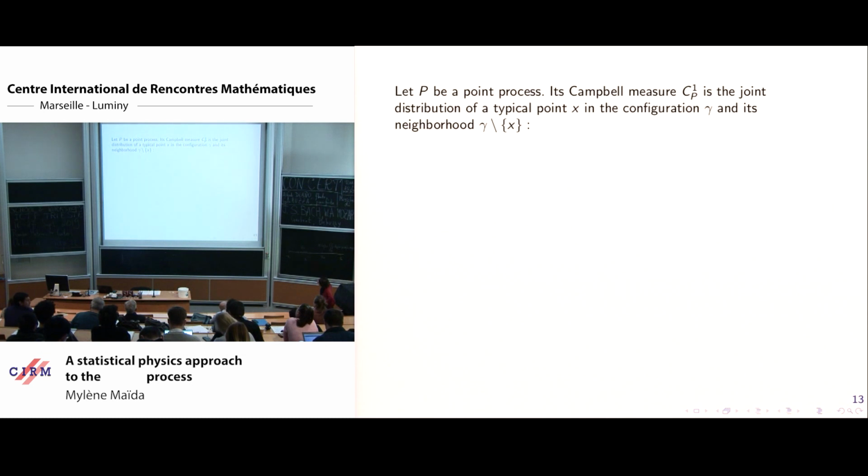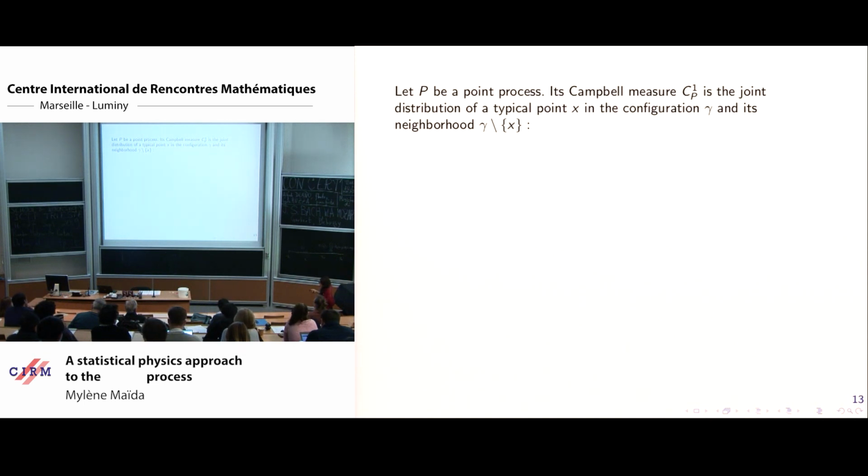We use a concept which is also classical in statistical mechanics, called the Campbell measure. The Campbell measure is the joint distribution: you take a typical point in the configuration gamma, and you look at the joint distribution of the point and its neighborhood, that is, the configuration minus this point.